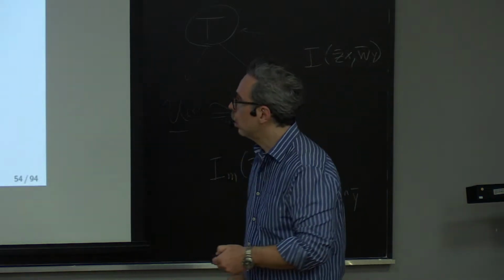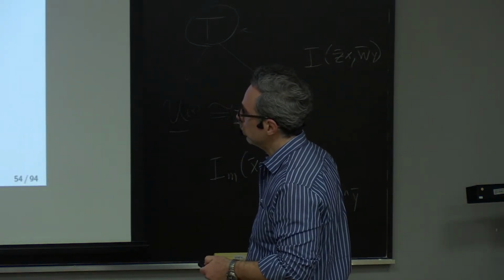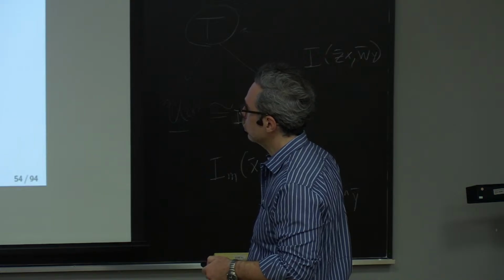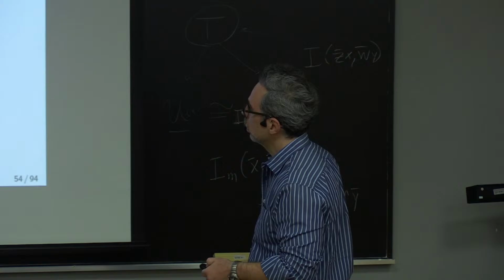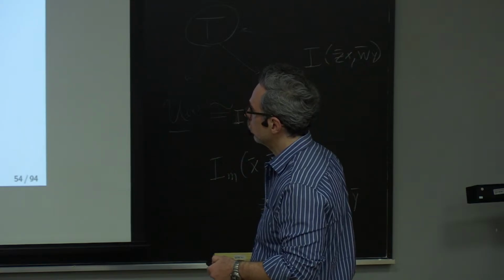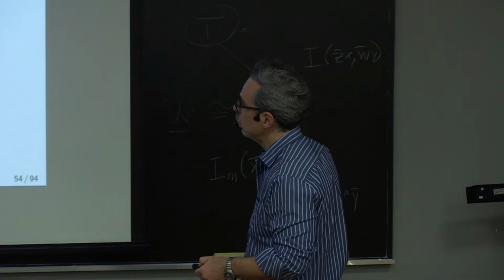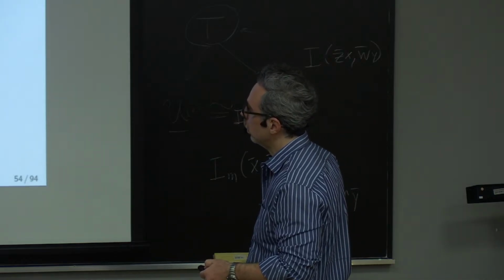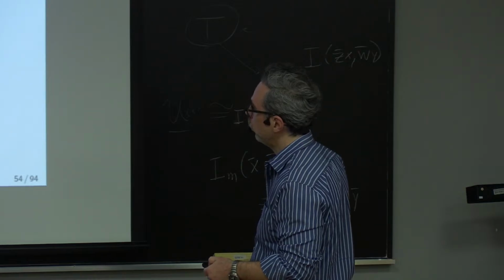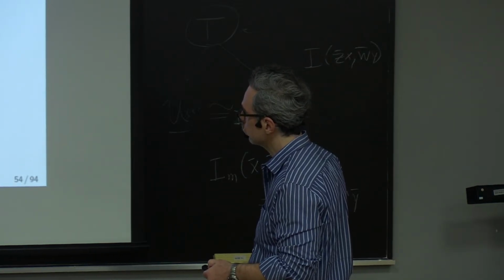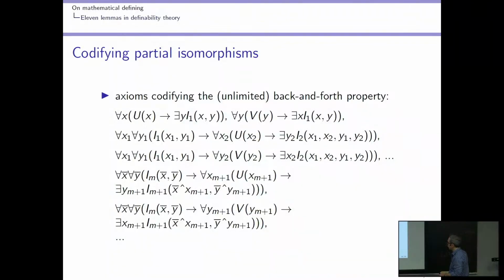So this is the condition for one, and for extending it again, I say that for every x1 and y1, if I already have one extension with x1 and y1, then given x2 in the domain, I can extend one step further with x2 and y2, and similarly the back condition.